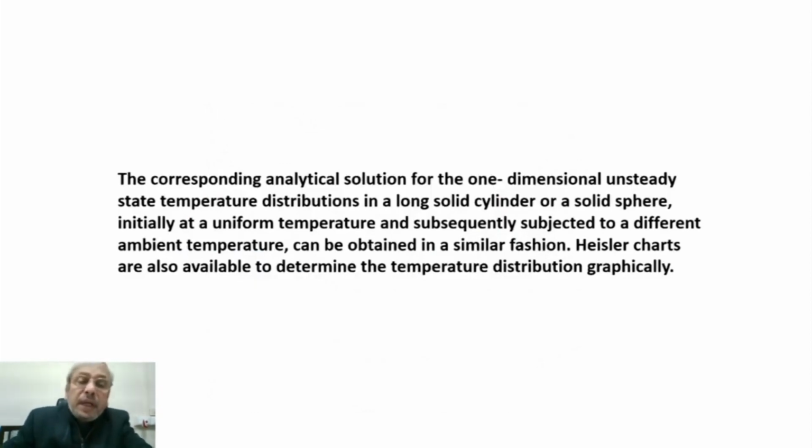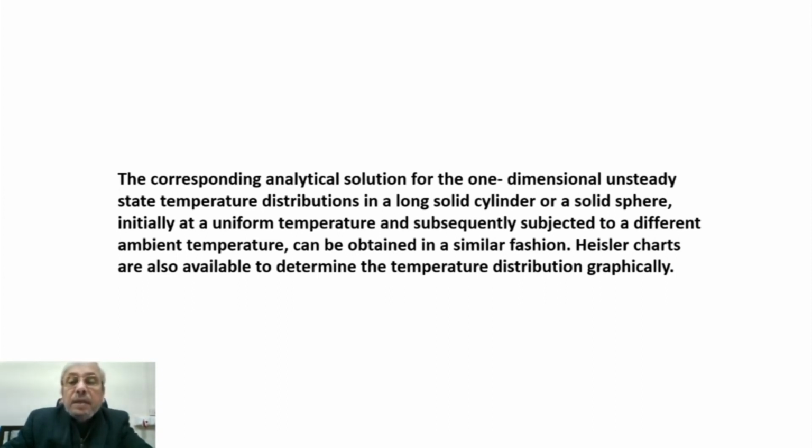So the corresponding analytical solution for the one-dimensional unsteady state temperature distributions in a long solid cylinder or a solid sphere, initially at a uniform temperature and subsequently subjected to a different ambient temperature, can be obtained in a similar fashion.